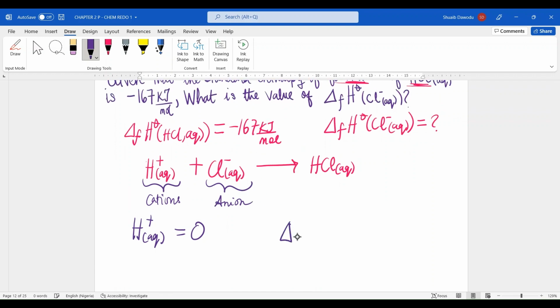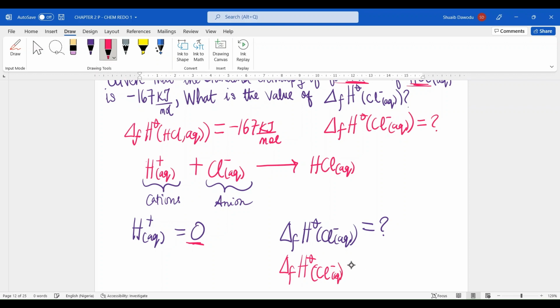So the standard enthalpy of formation for chlorine ion is going to be what? Well, because we have a 0 here and we have 167 here, when you force this value to 0, the answer for the standard enthalpy for the other ion, in this case chlorine ion, is simply going to take the same value as the molecule.